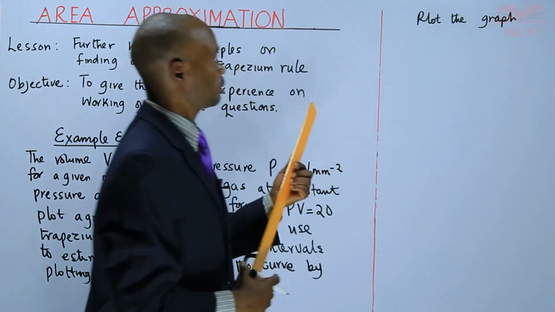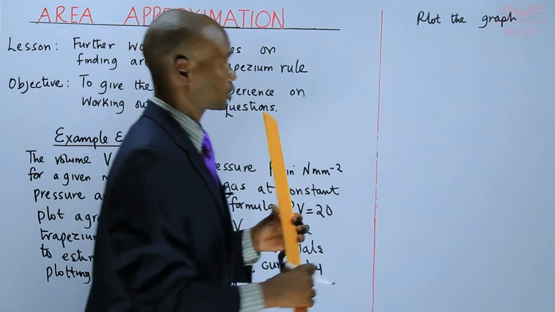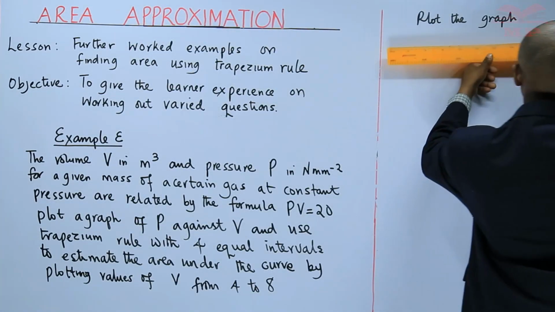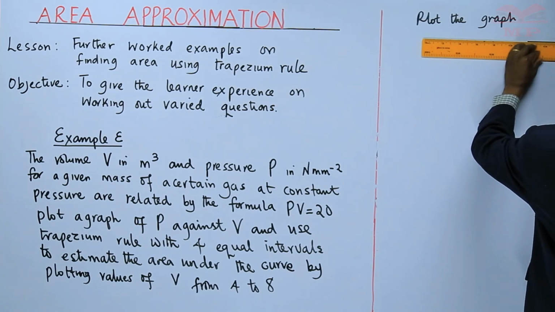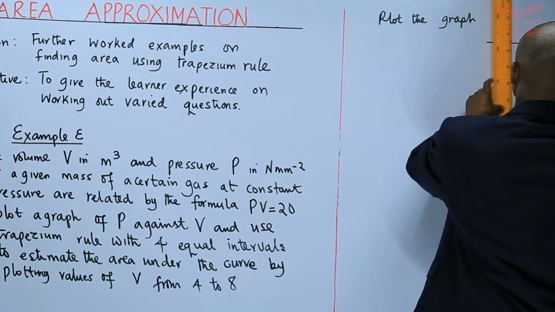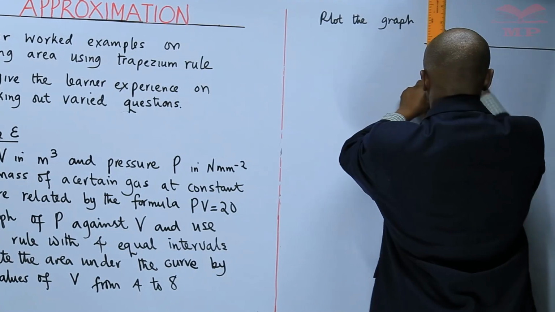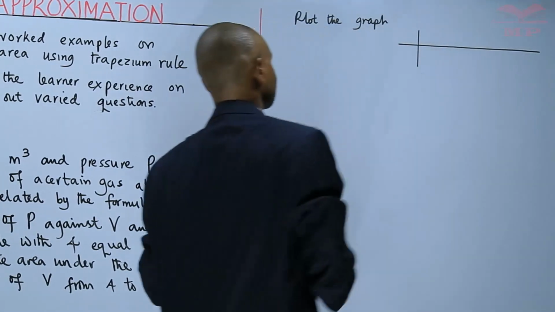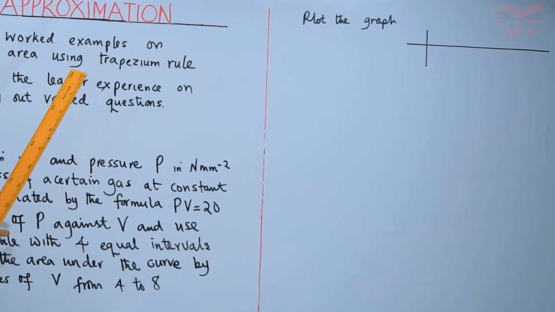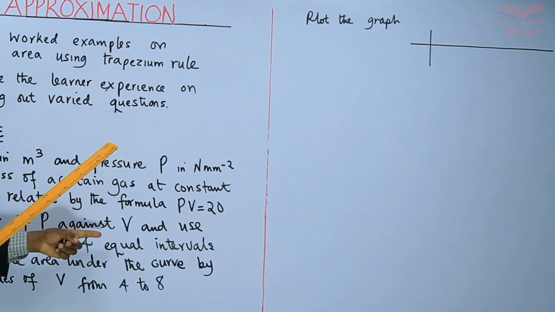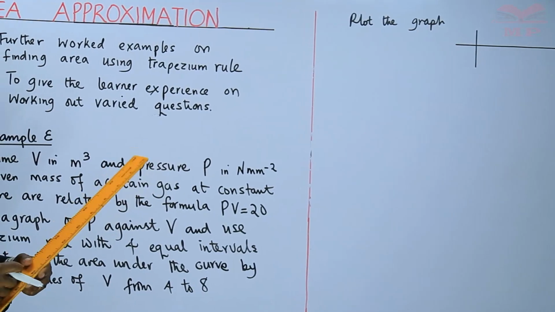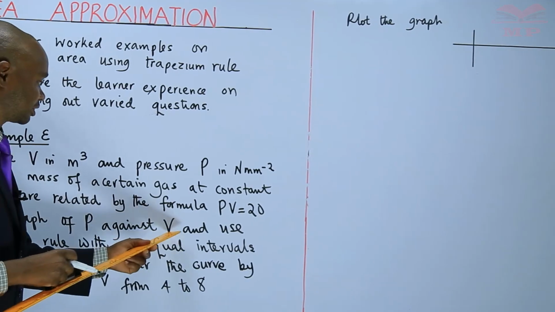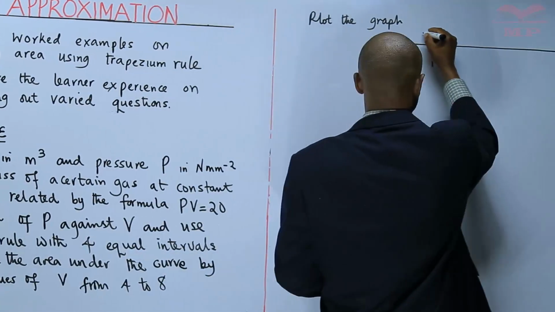You can't plot the graph without first getting the points for the graph. They said P against V, but when you plot the graph, it will be P on the vertical axis and V at the bottom.